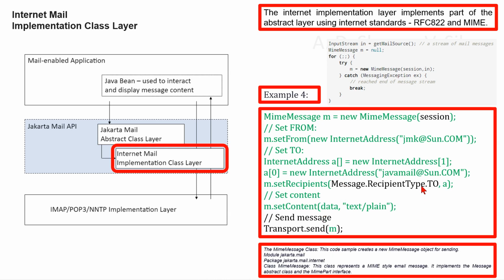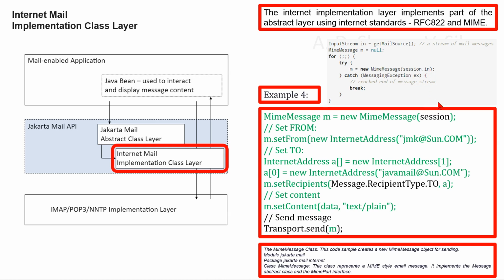The MIME message class also provides a constructor that uses an input stream to instantiate itself. The constructor internally invokes a parse method to fill in the message. The input stream object is left positioned at the end of the message body.